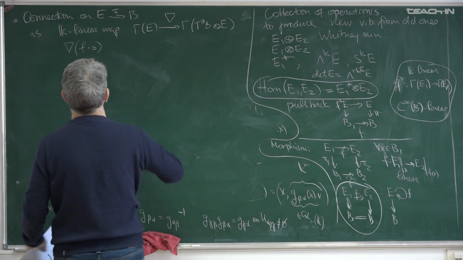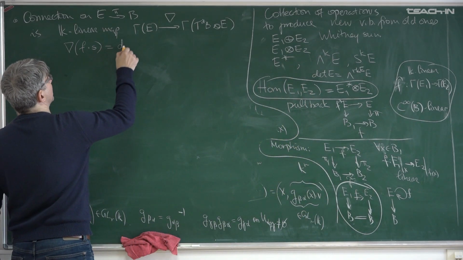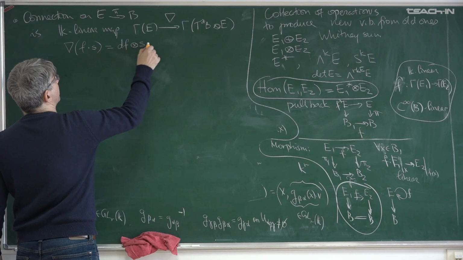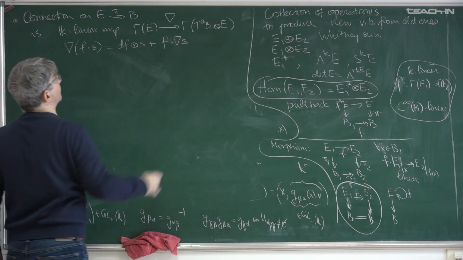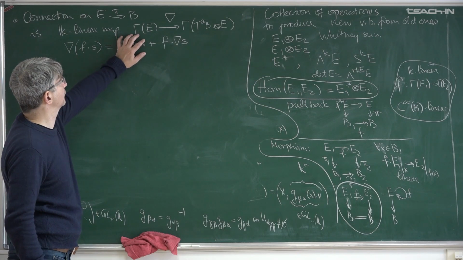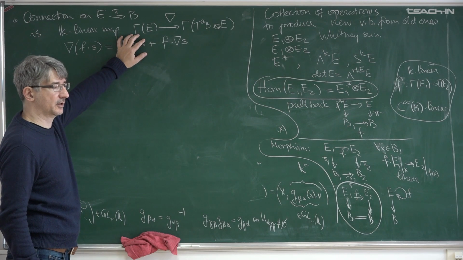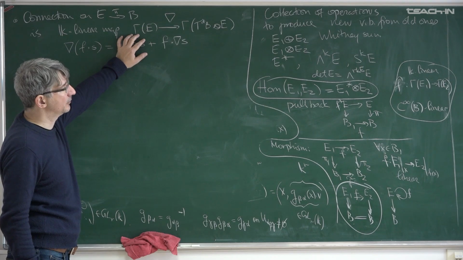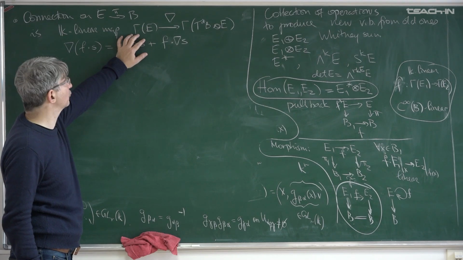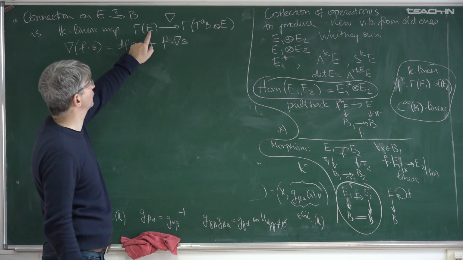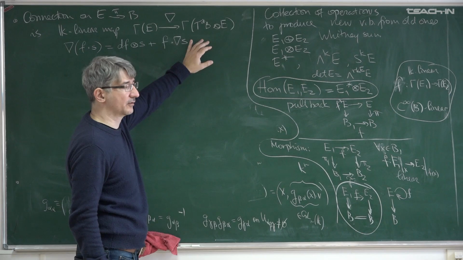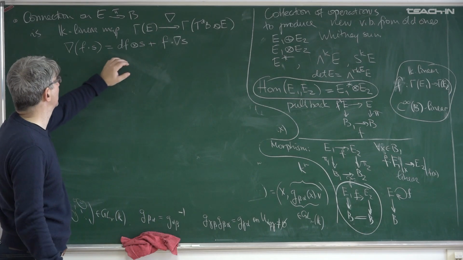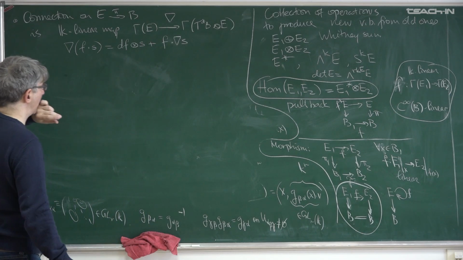It should satisfy something like the Leibniz identity. So if there were no first summand, then it would be C infinity linear. So this would be induced by a map from this vector bundle to that vector bundle, and then it would give us nothing interesting. But it contains this term.